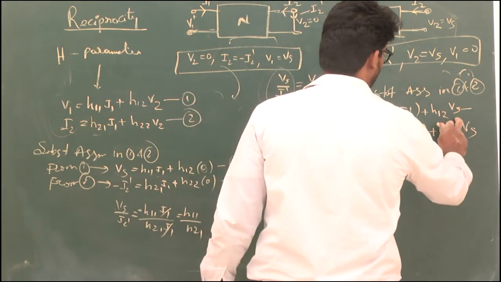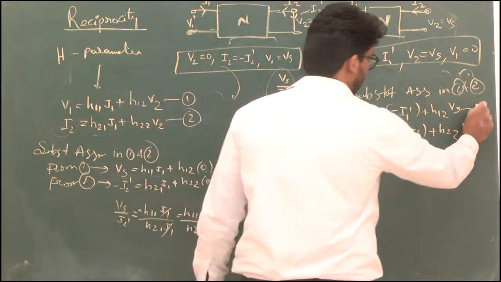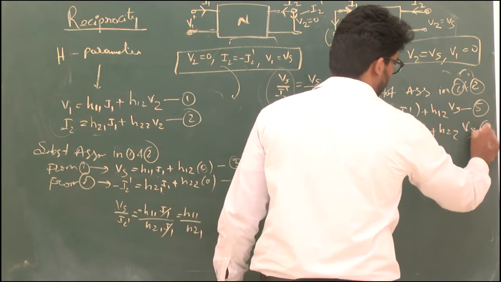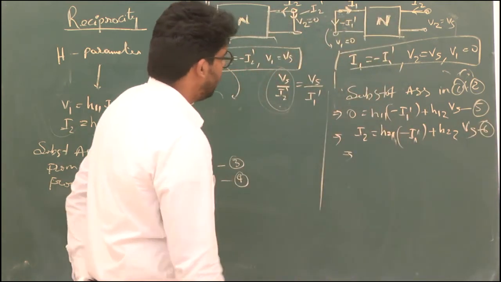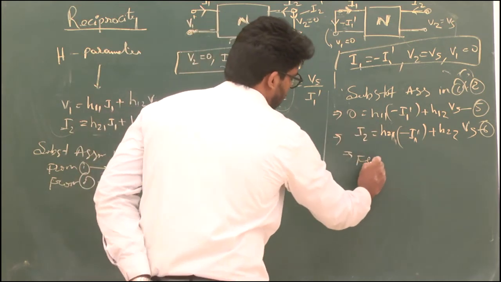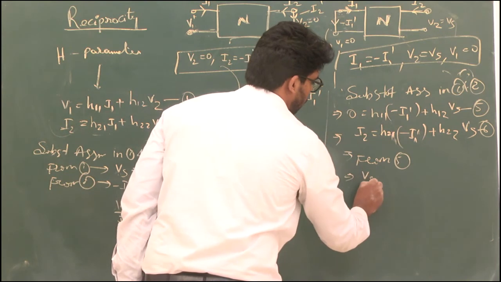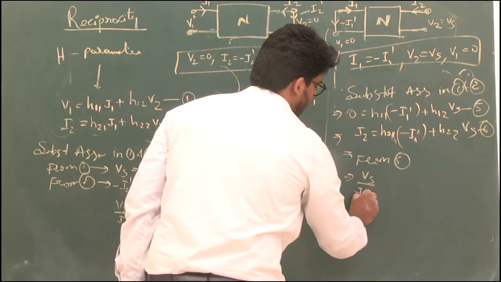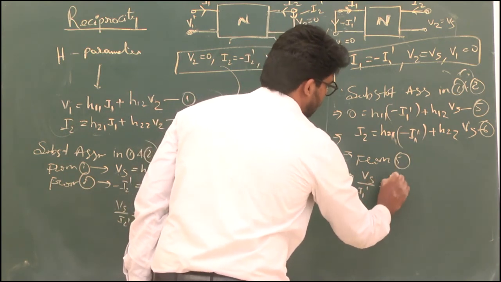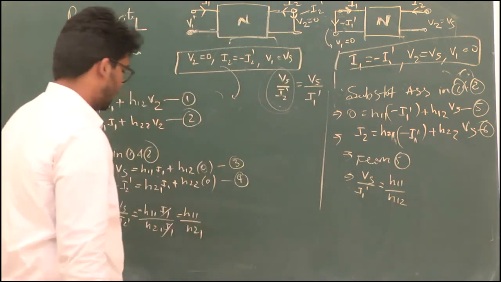Now directly from the equations, we need Vs by I1 dash. From equation 5, you have Vs by I1 dash equal to h11 by h12.